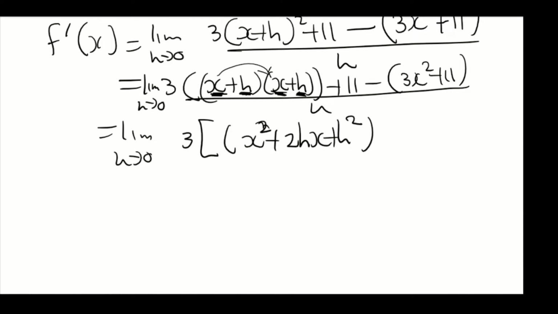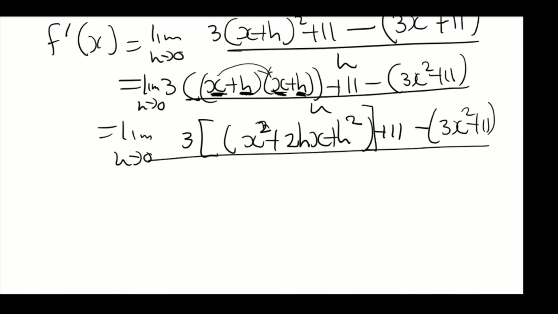Then we have to add h squared, which is found by multiplying h times h, which is what we found here. Then we're going to add 11, minus, so we put the solid brackets here, then minus into 3x squared plus 11, divided by h.